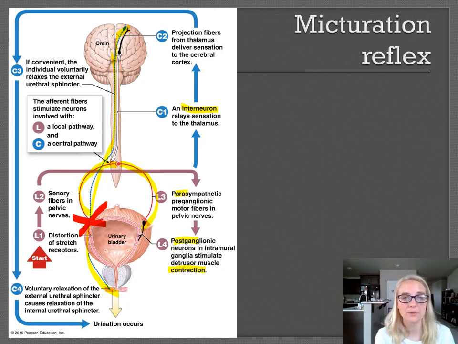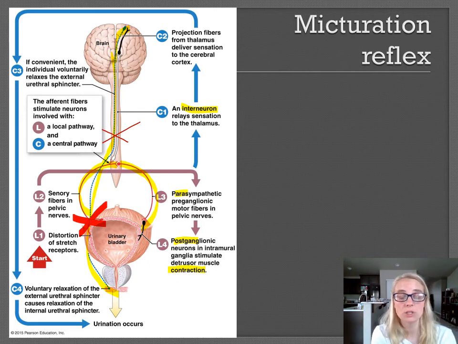I didn't talk about this in the digestive system, but it will work the same way. If you have a severing of the spinal cord, so let's say something happens that severs the spinal cord, you lose that conscious control. You lose the sensation that your bladder or bowel is getting filled.